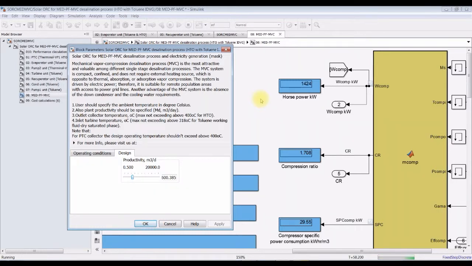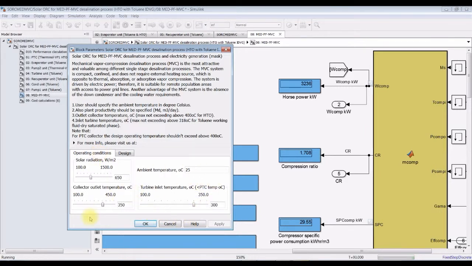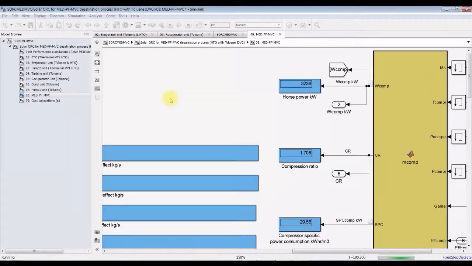So increasing the power, suppose I'm going for 10,000. Let's see. Okay, this is the power for 10,000 meter cube per day. As you can see here, we can sure reconfigure these inputs. Let's stop.